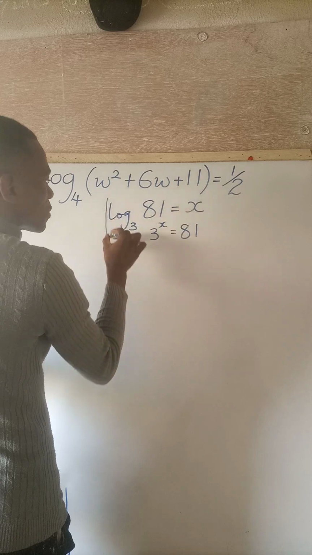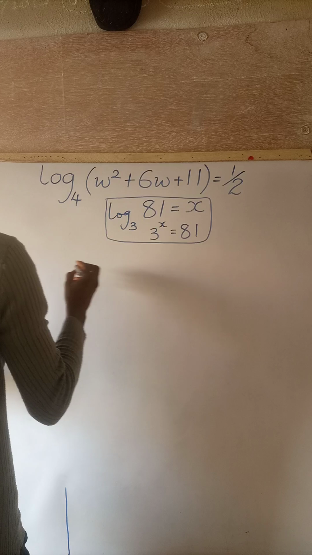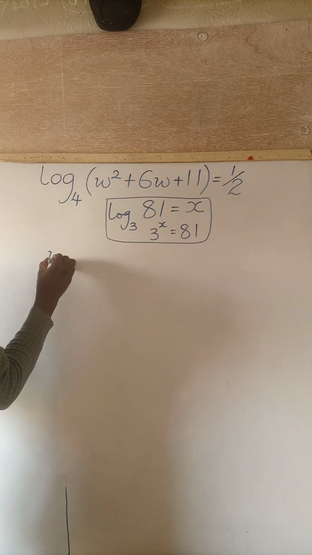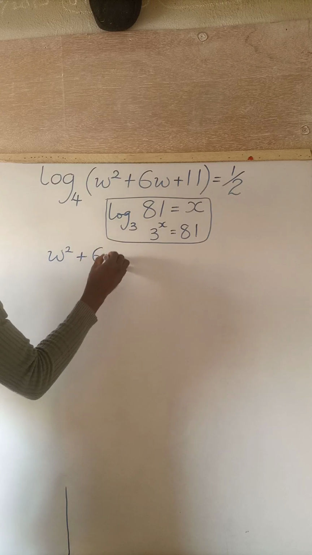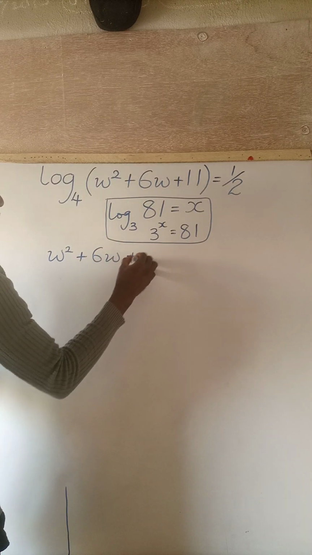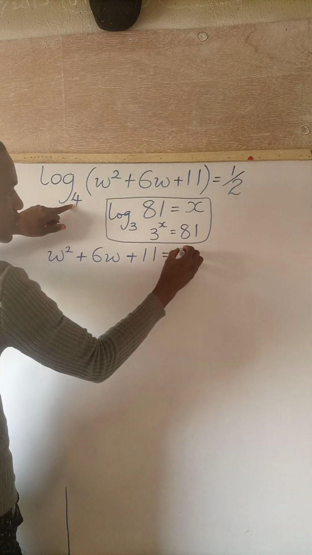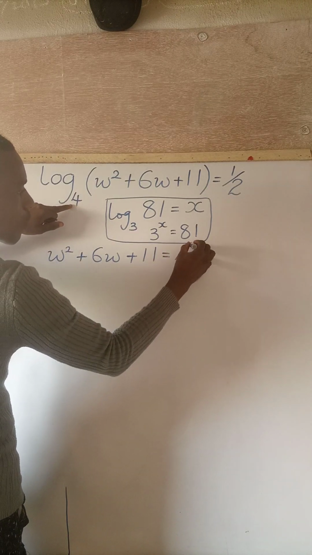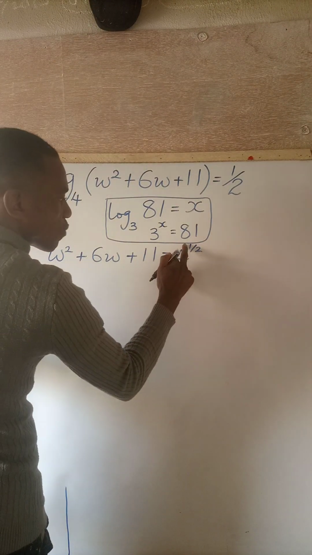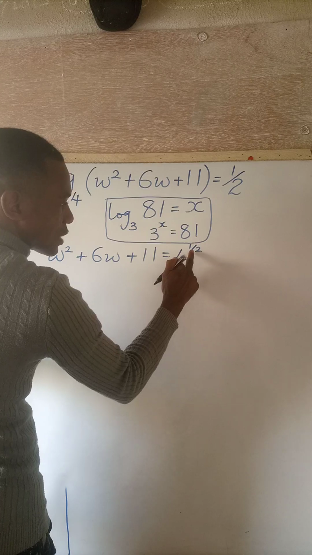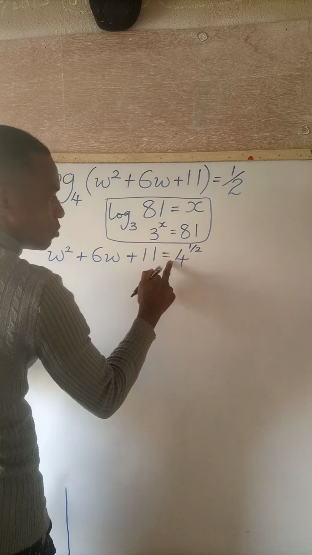So this concept, this ideology, is exactly what we are going to apply in solving this question, which is w power 2 plus 6w plus 11 is equal to the base, which is 4, raised to power 1 over 2. Now, since we have 1 over 2 as the index, the denominator will form the root.